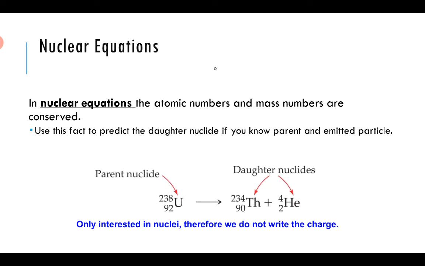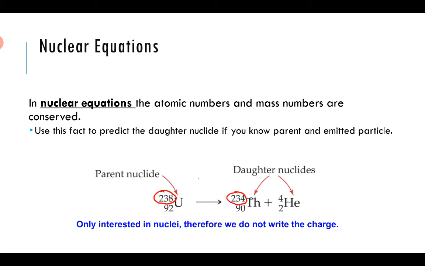As we go over the different modes of radioactive decay, we will be writing nuclear equations. Nuclear equations are slightly different than chemical equations. In nuclear equations, the atomic numbers and mass numbers are conserved. We will use this fact to predict what the product will be, because we can look at the mass numbers and see that that's 238.